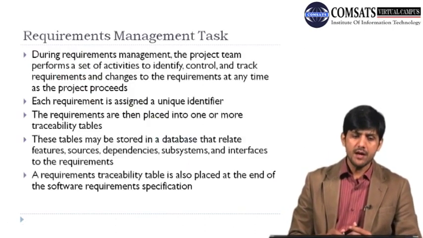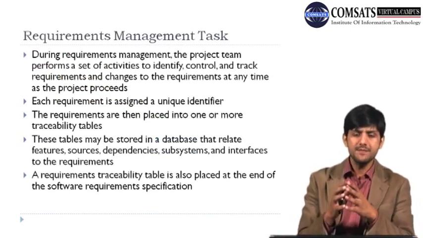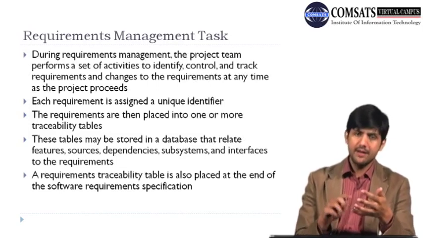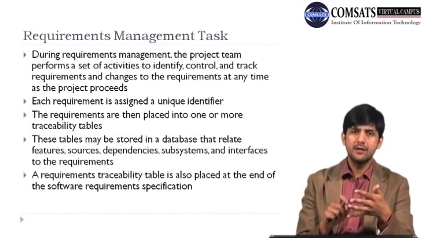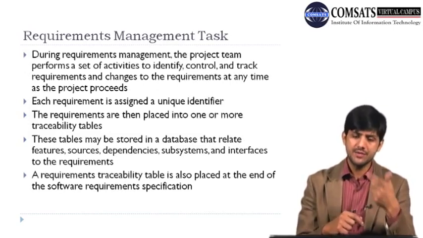The requirements management task is that the project team performs a set of activities to identify, control and track requirements and changes to the requirements at any time as the project proceeds.